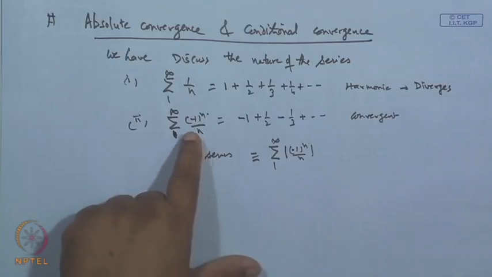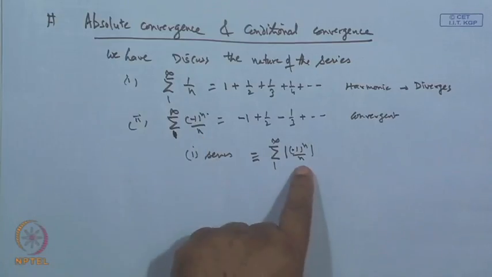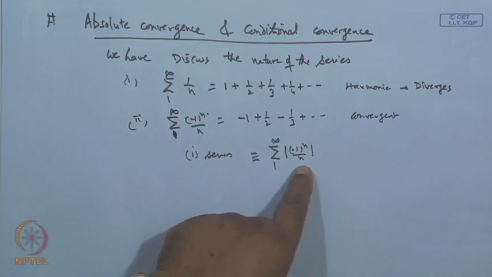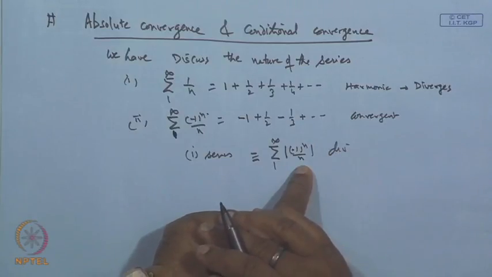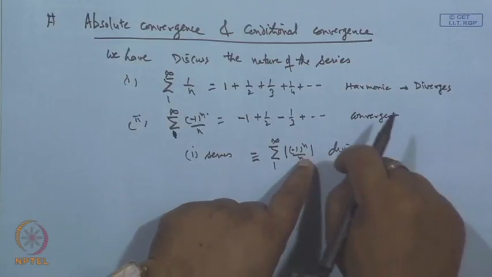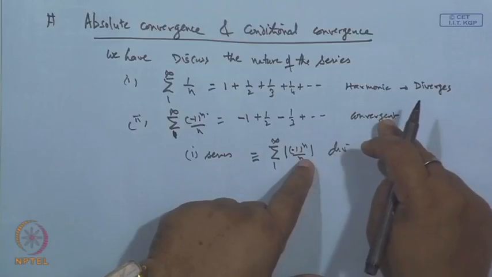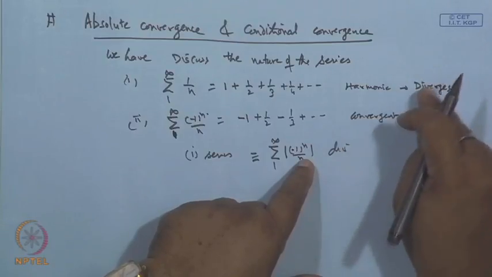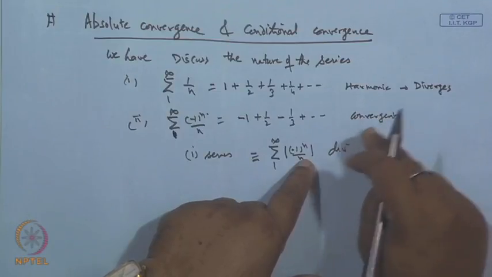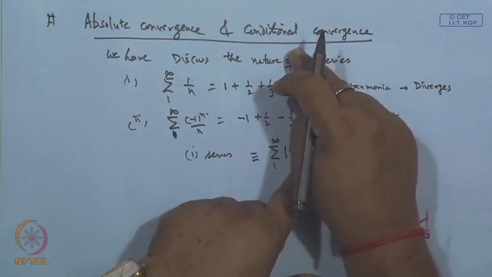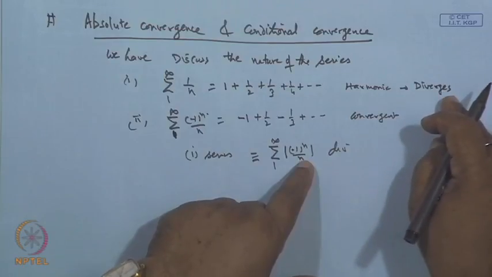So, the original series is convergent, but when you take the sum of its absolute terms, it diverges. So, this shows that convergence can be broken up into two types. One is what we call conditional convergence, and another one is absolute convergence.